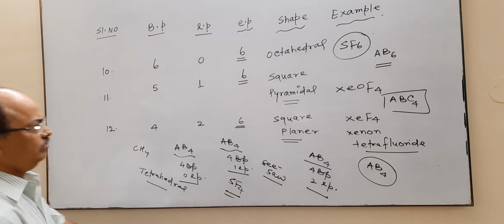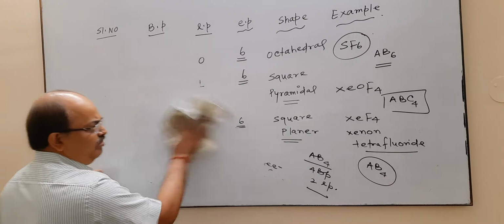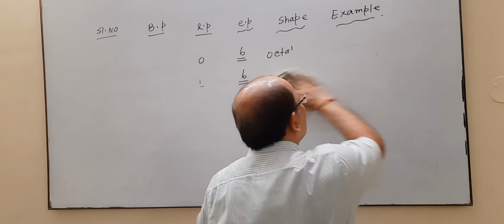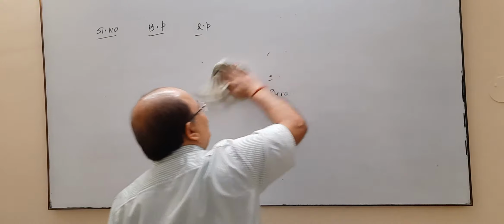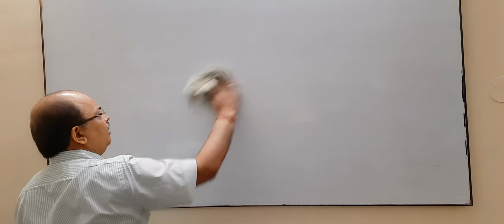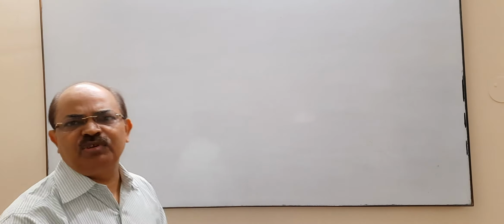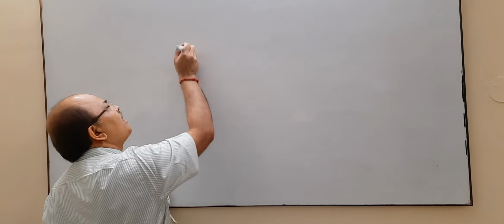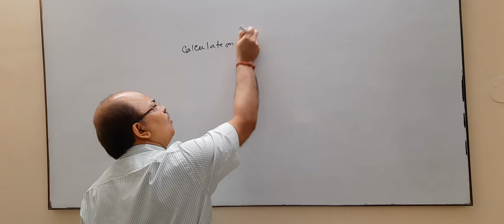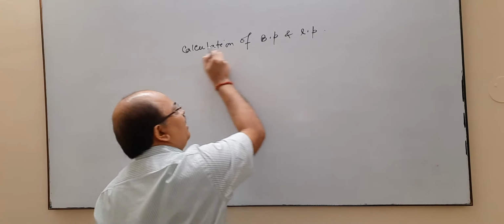Now, the main question is how we can calculate the number of bond pairs and lone pairs in a molecule or in an ion. So let me just give you a brief idea. Calculation of bond pair and lone pair.